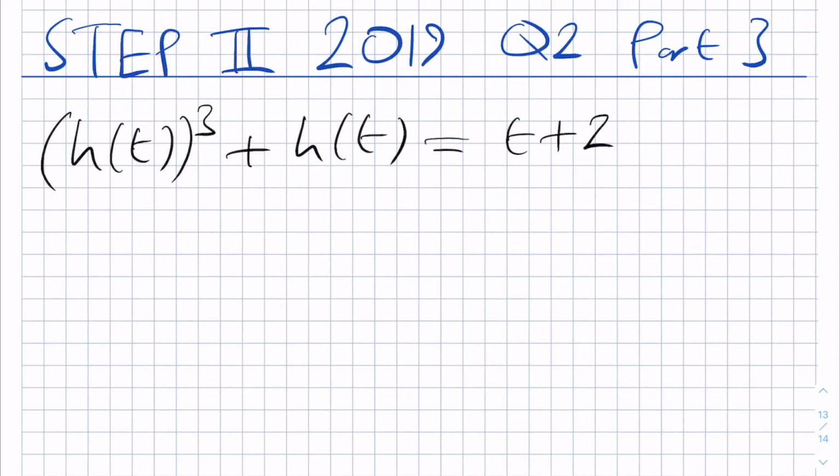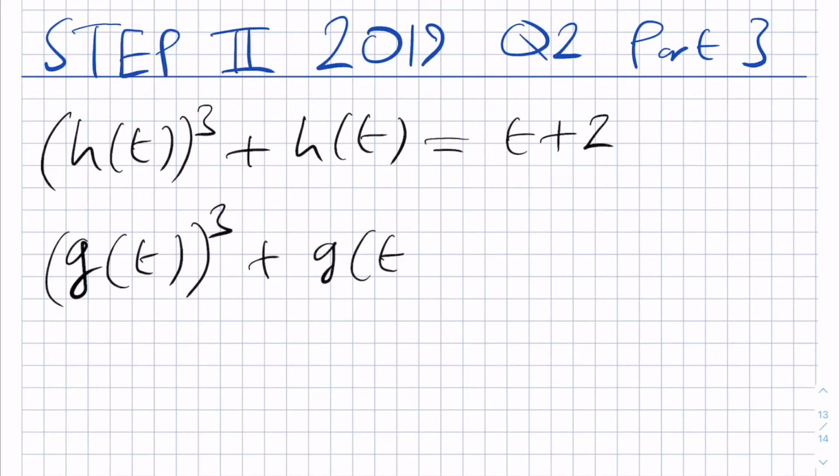So we have this relation here that defines h of t. We notice that it is remarkably similar to the relation that defined g in the previous part, which was g of t all cubed plus g of t is equal to t.